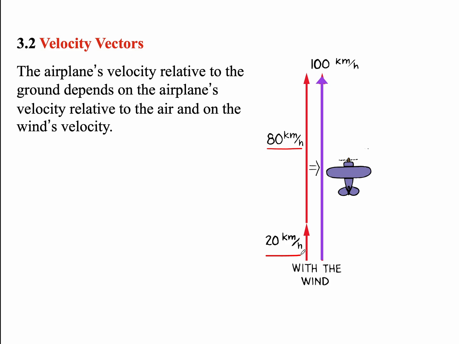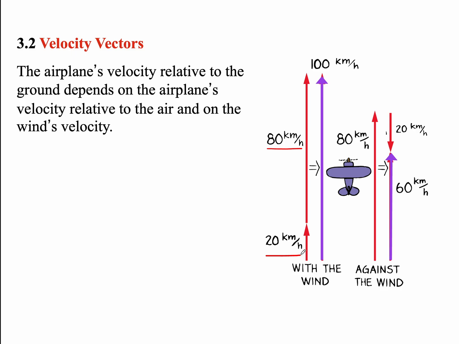Why? Because the plane can already fly 80 kilometers per hour and the wind is blowing from the tail. You've got a tailwind of 20 kilometers per hour. Those two velocities add, and now your plane can fly faster relative to the ground. Also, you can have this problem: if you've got a headwind of 20 kilometers per hour.